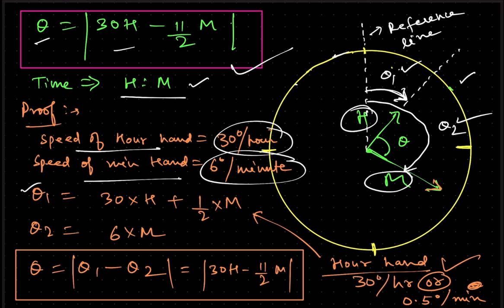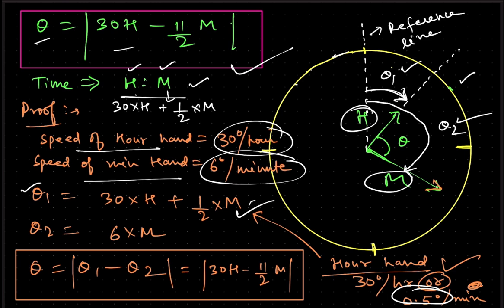Theta 1 is the angle traveled by the hour hand in h hour and m minute. In h hours it will cover 30 into h, and in m minutes it will cover further 0.5 degrees per minute, so 1/2 into m. You can see the expression over here.